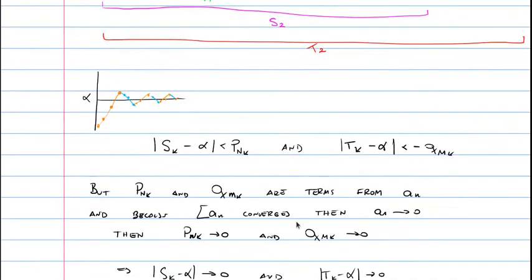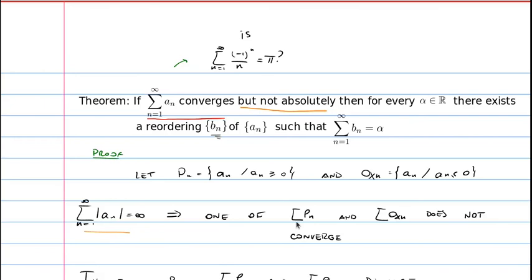Now, what's very important about this theorem is not that we can make this series converge to pi, which, by the way, the answer is yes, we can. What's important about it is that when we add numbers, we have the commutative law. We have that 1 plus 3 is equal to 3 plus 1.